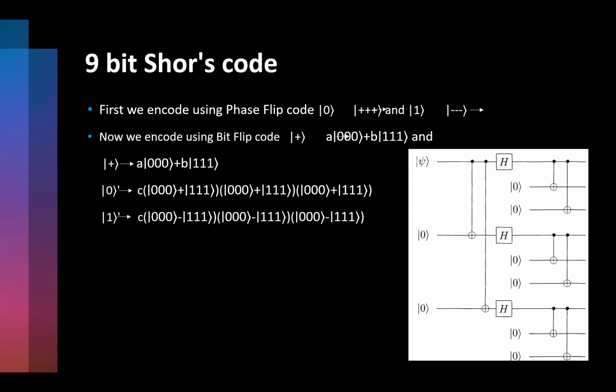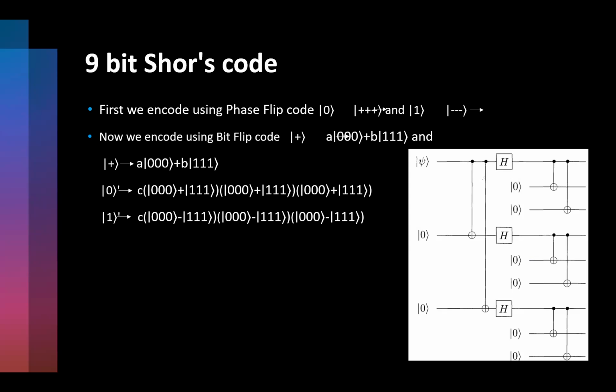Now we encode using the bit flip code. In bit flip, we encode 1 bit into 3 bits. Here we are in plus space, so plus will be encoded using 2 more bits into 3 bits.